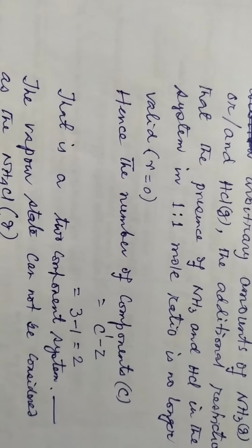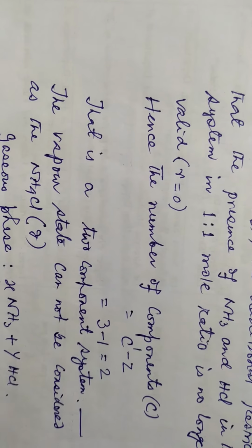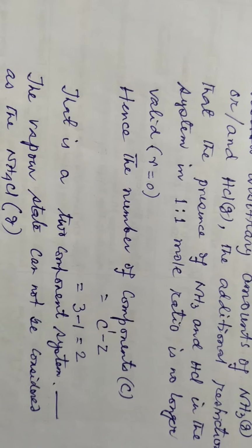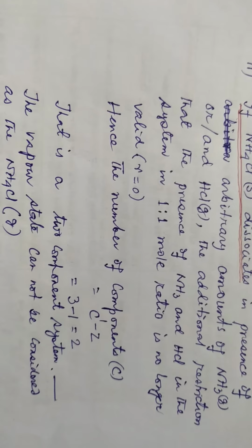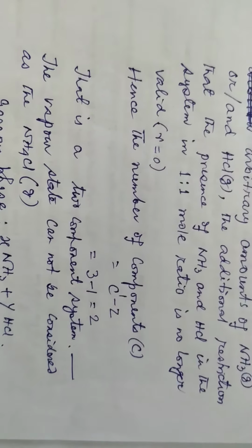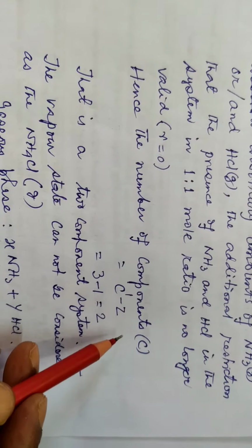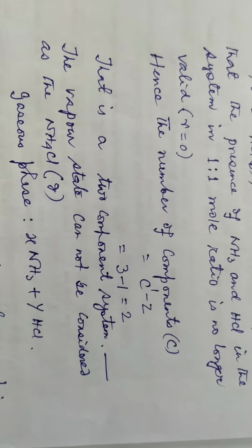Rather, we can express it as XNH3 plus YHCl. So the additional restriction is no more valid. Hence, R equals 0. Hence, the number of components C equals C dot minus Z, which is 3 minus 1, that is 2. That is a two-component system.